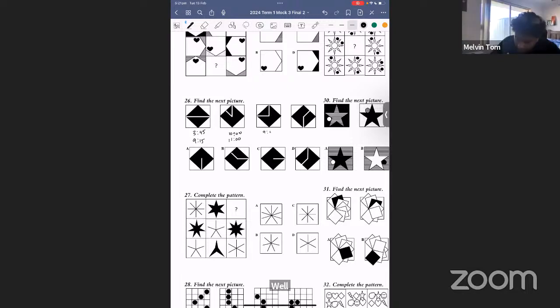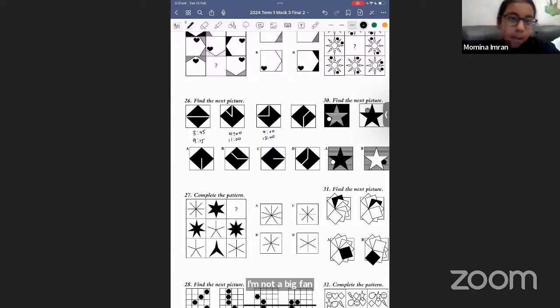Or 12:45? The reason I'm not a big fan of 12:45, I mean, it could be, let's actually write it down. The reason was that the hour hand should be further forward. But maybe it could be.